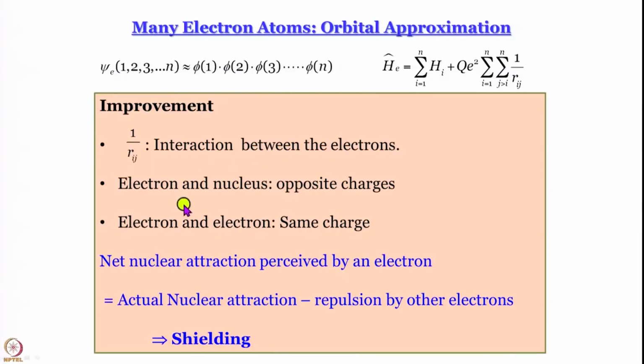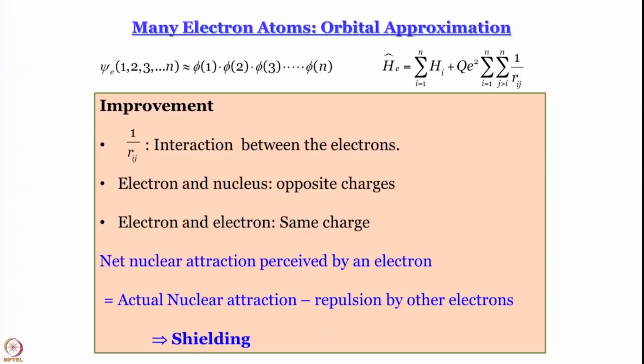Now what it does is that it offsets part of the attraction each electron feels with the nucleus. So what we are saying is that the actual nuclear attraction felt by the electron is a little less. Net nuclear attraction is actual nuclear attraction minus repulsion by other electrons. So this phenomenon is called shielding.